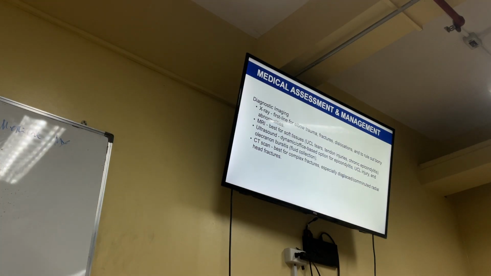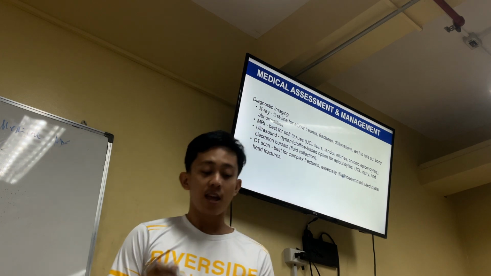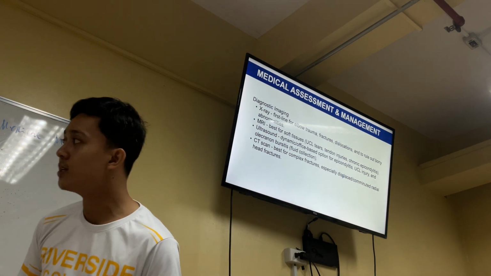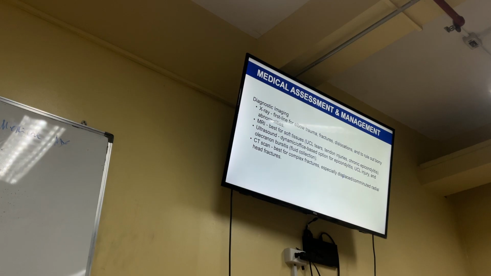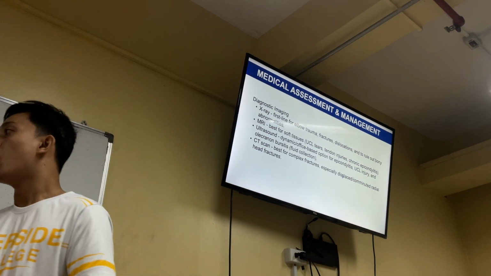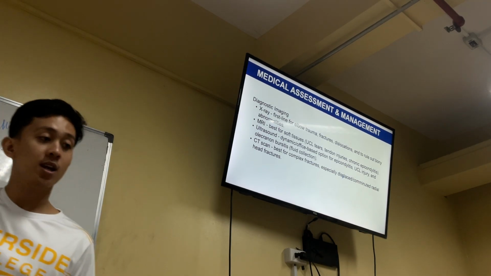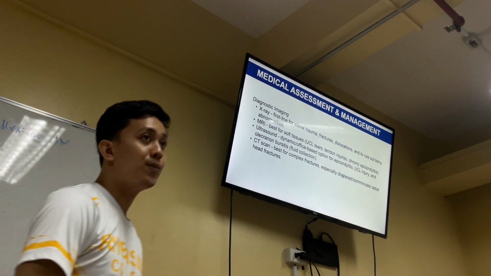So, for radial head dislocation, if asked orally, to check under the medical assessment of your radial head dislocation, we can opt now for X-ray, and also MRI and CT scan. For soft tissue injuries, like ulnar collateral ligament injuries, tendon injuries, lateral epicondylitis or medial epicondylitis, you can opt for your MRI, which is best for soft tissues.